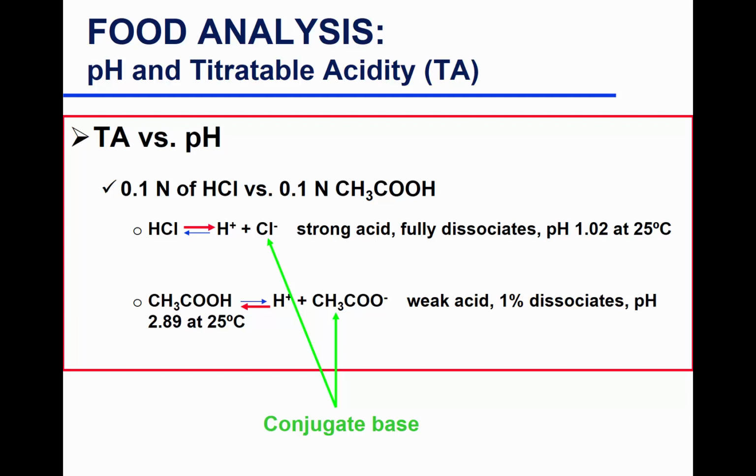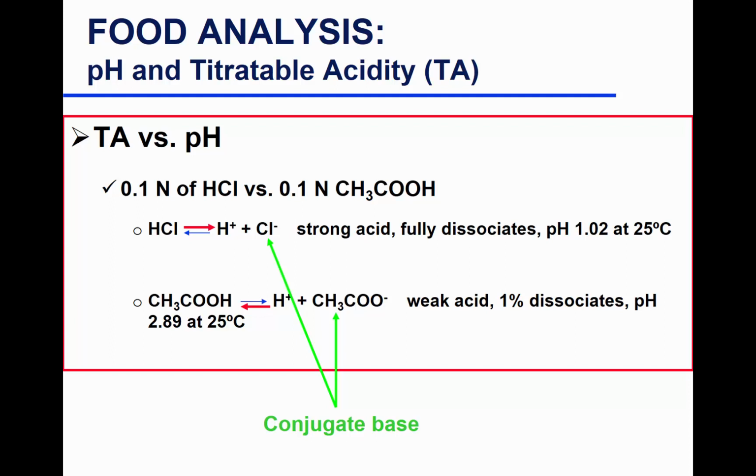So the dissociation factor is really high. It's fully dissociated, and then your pH is really low, about 1, when you have 0.1 normal HCl.